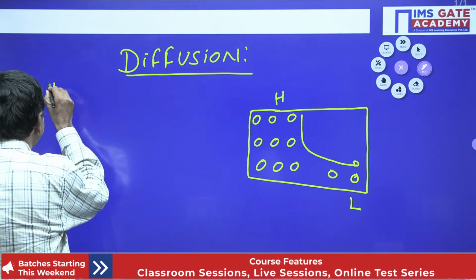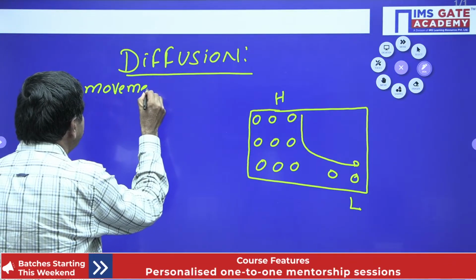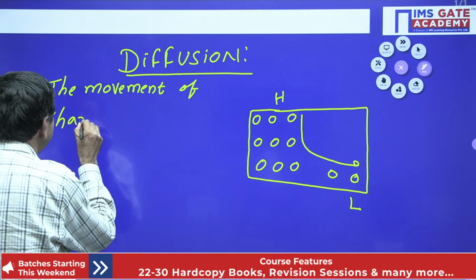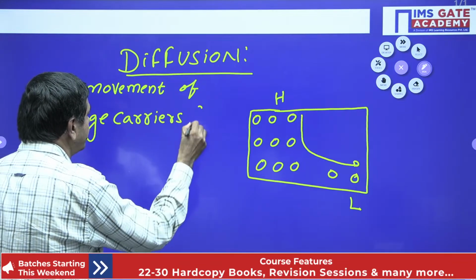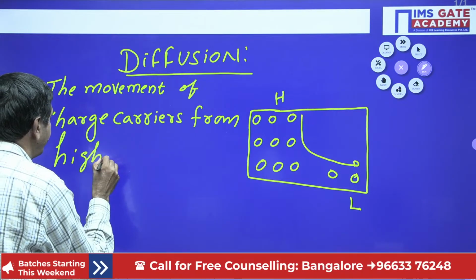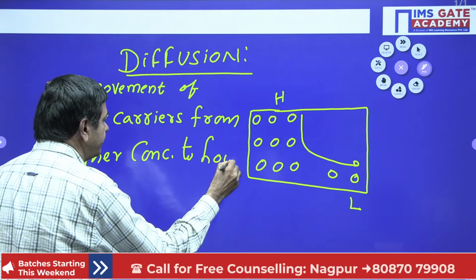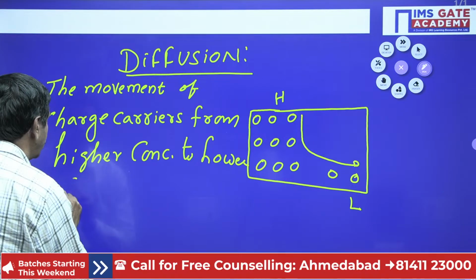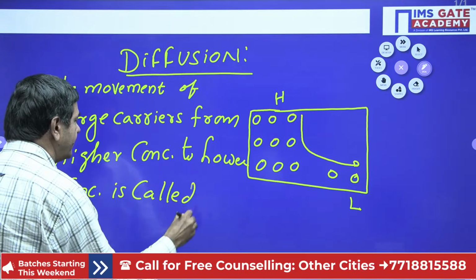The movement of charge carriers from higher concentration to lower concentration is called diffusion.